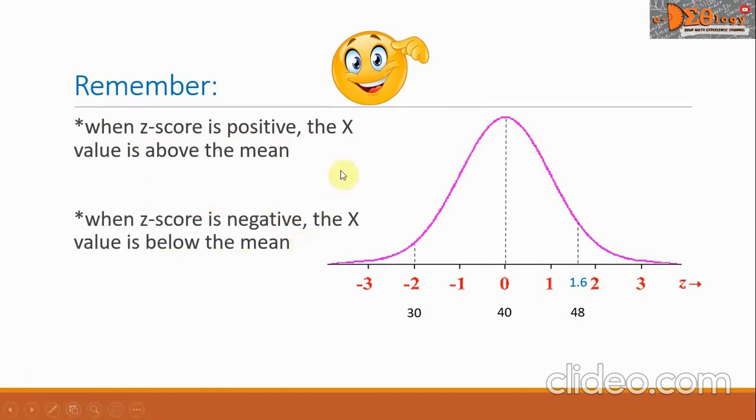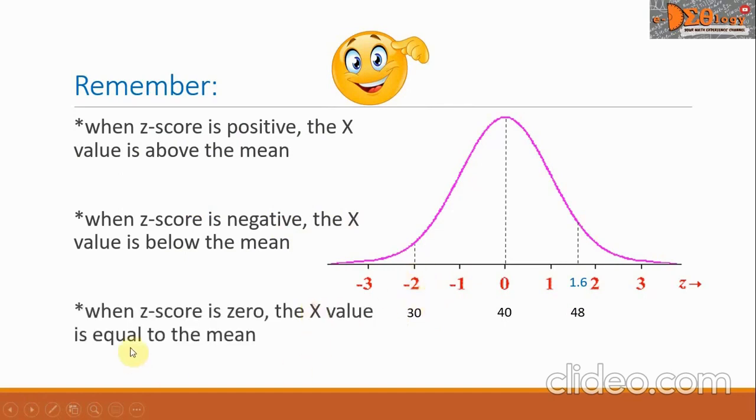And this is reflected by our example when x equals 30, corresponding to z-score as -2. While when z-score is 0, the x value is equal to the mean, just like our example x equals 40.